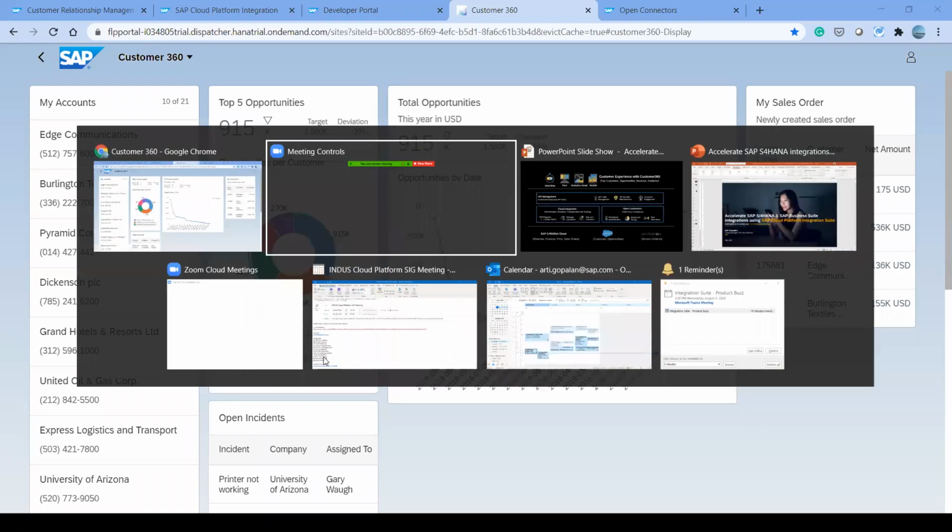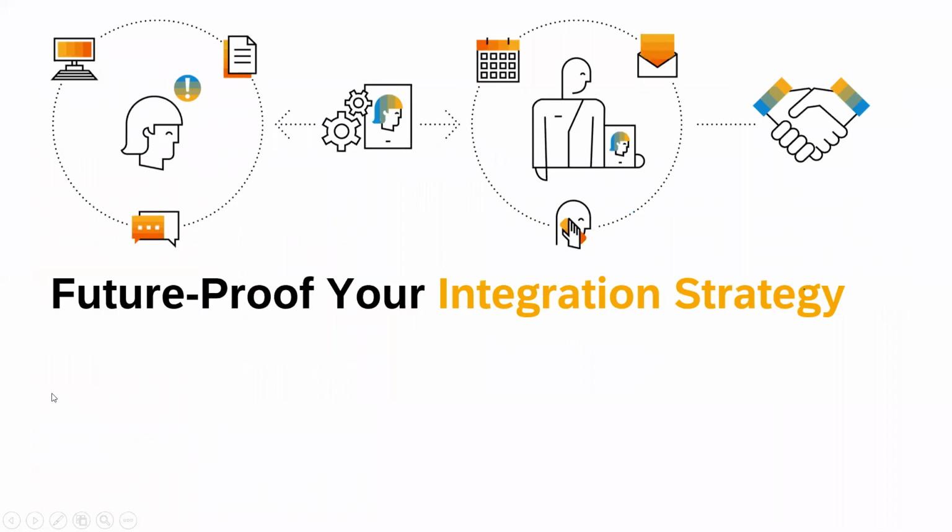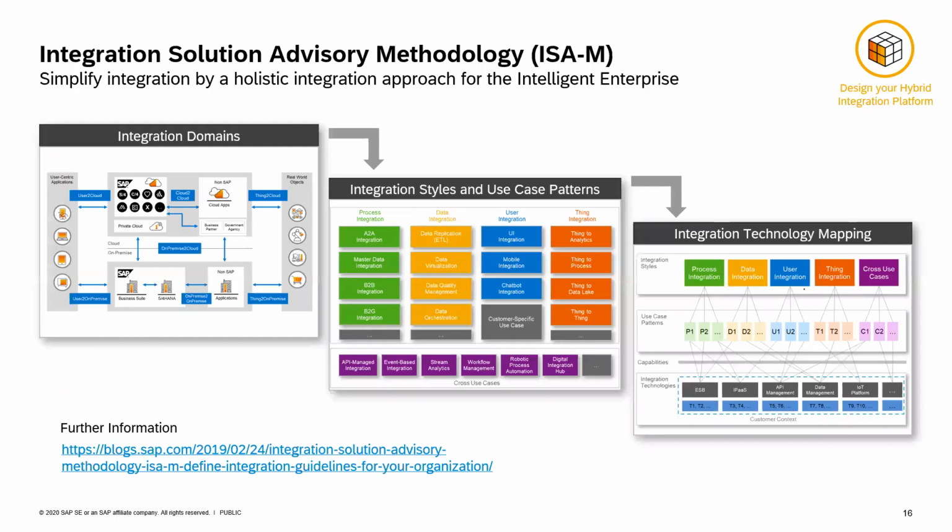With that, let me jump back into my slides and talk about the last section that I wanted to address, which is around the integration strategy that we share with our customers. So in case you are unfamiliar, SAP offers what is known as the integration solution advisor methodology.